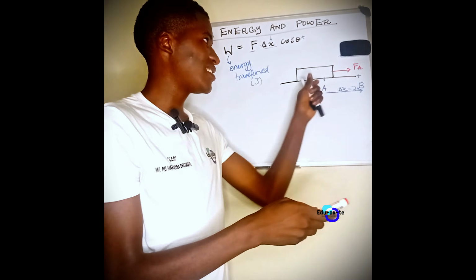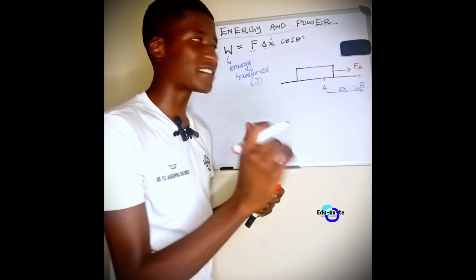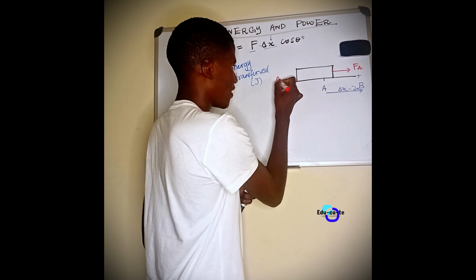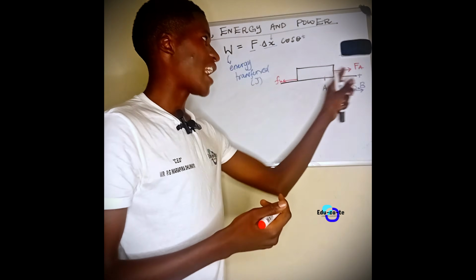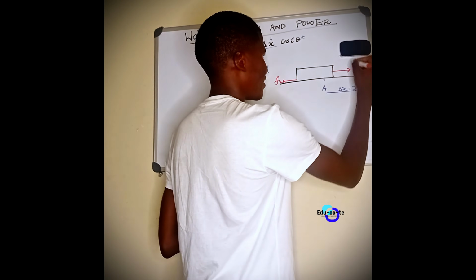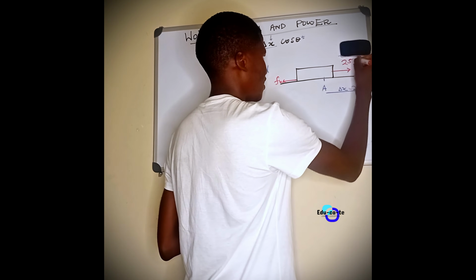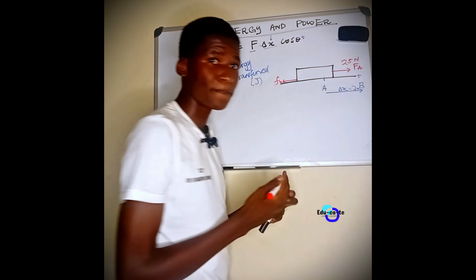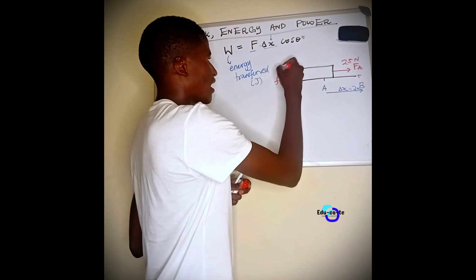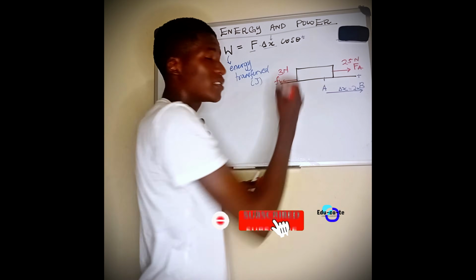And this surface has friction. It is a rough surface, so there must be frictional force. Assuming that I've applied a force of maybe 25 newtons, my force applied here is 25 newtons. And then the block experiences a friction of around 3 newtons.